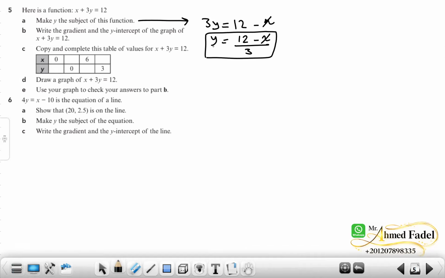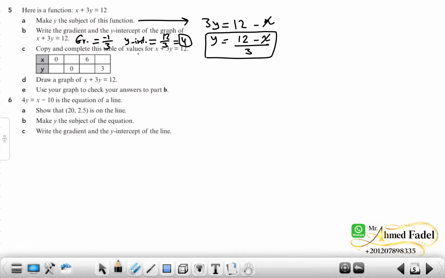I made y the subject. That was the first step. Even if they did not request it, you should make y the subject of the function. So here, the gradient is equal to the coefficient of x, which is negative 1 over 3. And the y-intercept is 12 over 3, which is 4.